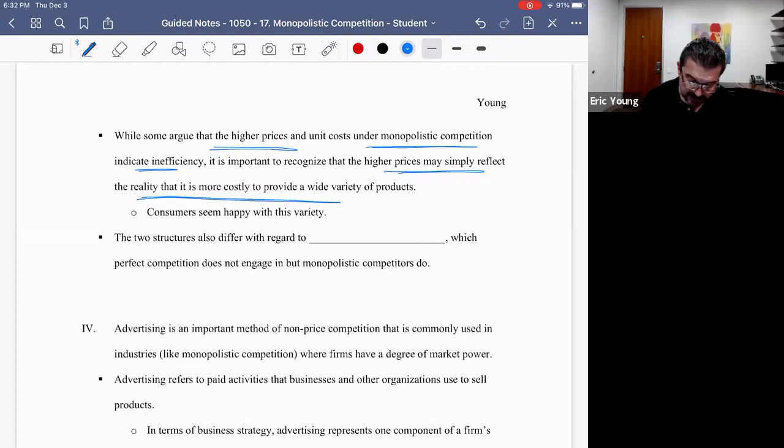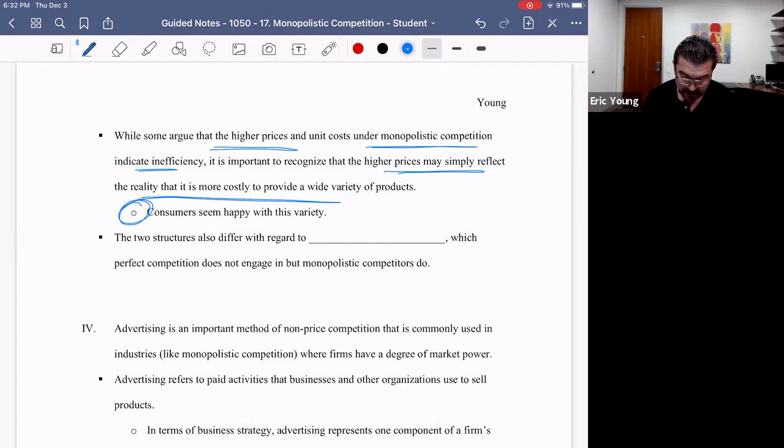And if that's the case, we have to rethink things a little bit. Because at the end of the day, most people would argue that product differentiation is a good thing, that consumers like variety, that consumers like options, that consumers like the competitive process that lets them choose between rival offerings that have differentiation.